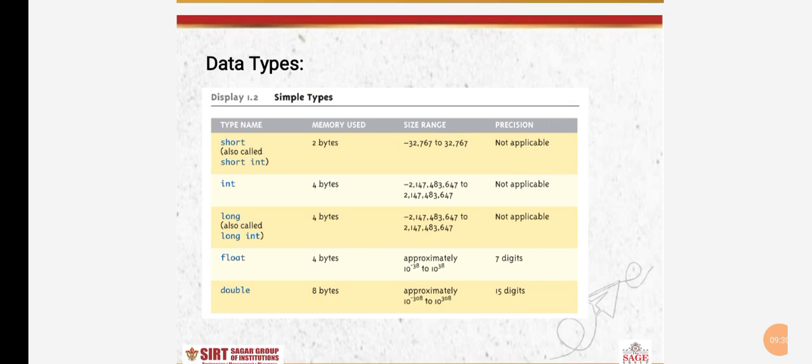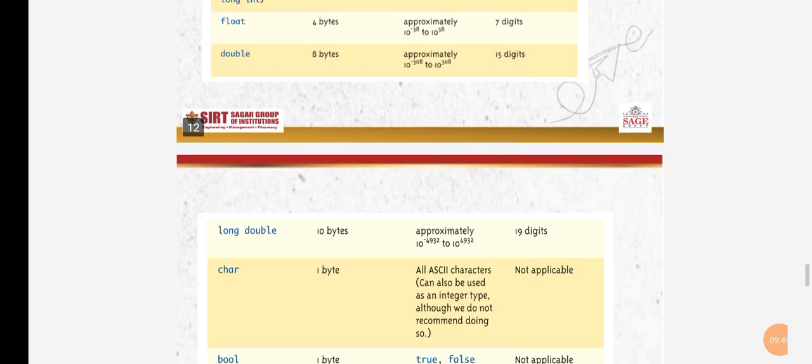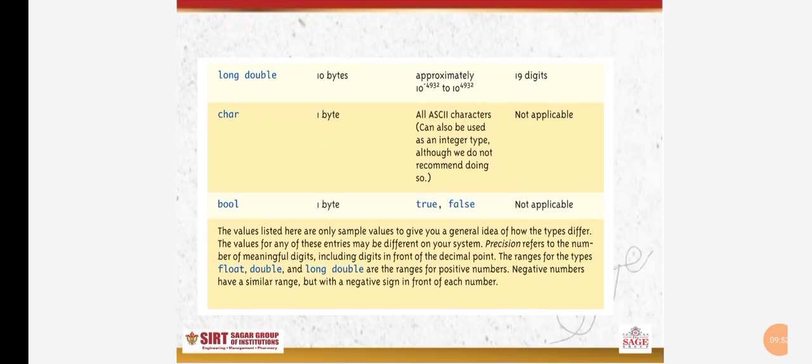Now the data types. C++ supports various kinds of data types like integer, long, float, double, with the memory used, the size range and their precisions given here. These are also examples of data types.